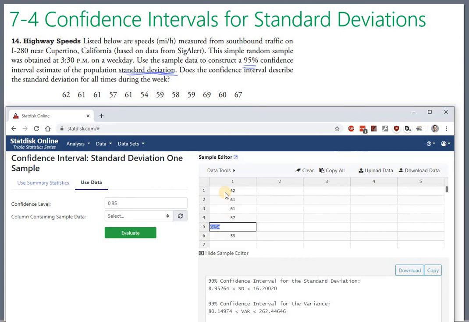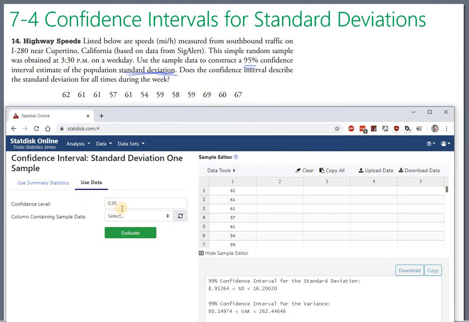Ooh, always check for typos. 57, 61, 54, 59, 58, 59, 69, 60, and 67. Okay, and I'm going to carefully look back through that list and make sure I didn't make any errors, and I think it's all right.